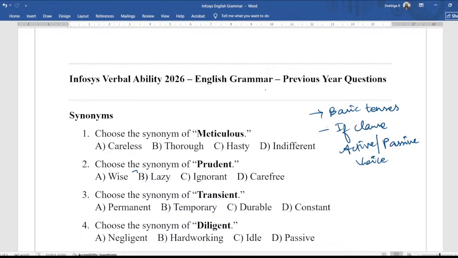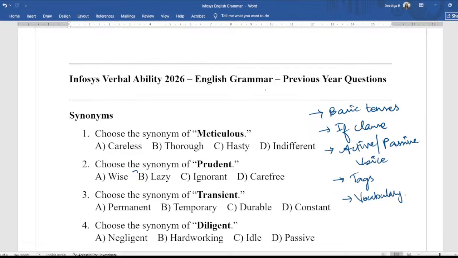And then tags, question tags. So if you have knowledge in tenses alone, it will be really useful for you. But apart from that, you need to have good vocabulary, good reading skills, so that you can answer the synonyms, antonyms part really well, right?